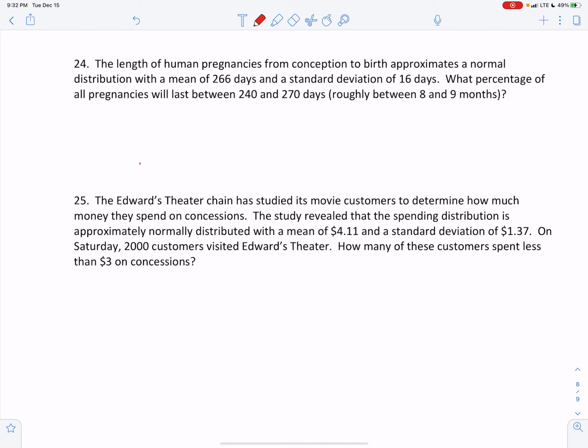Okay, so I'll draw my curve. The mean goes in the middle. It's 266. And I'm interested in pregnancies between 240, it's less than the mean, so it goes to the left, and 270.